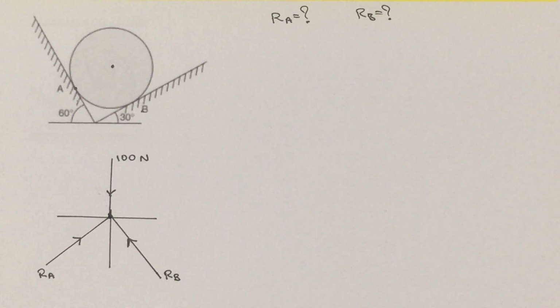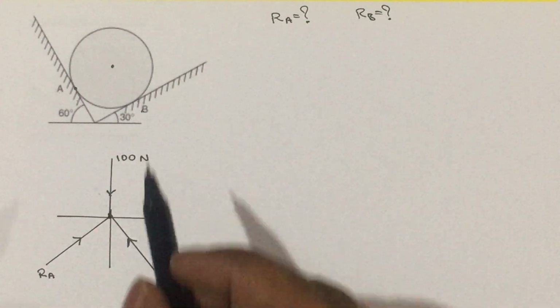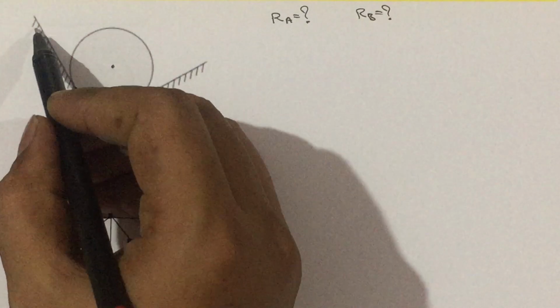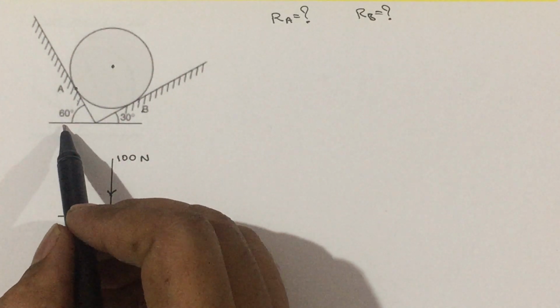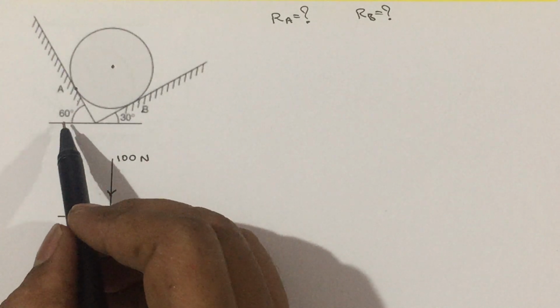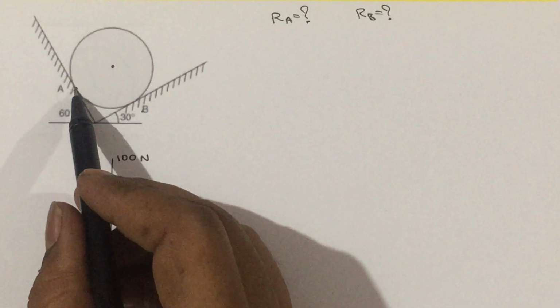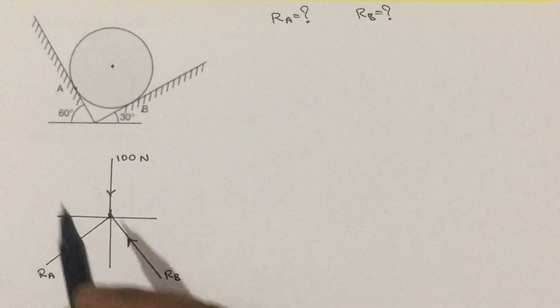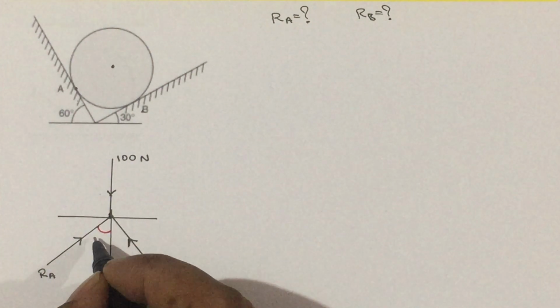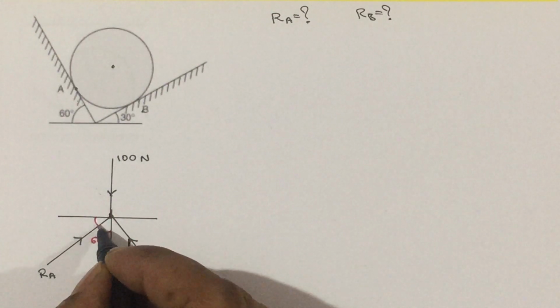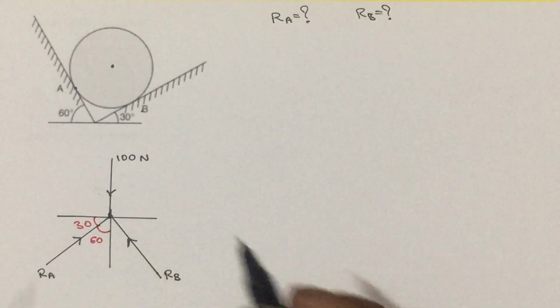Then the angle is given by this line. This inclined line is inclined at an angle of 60 with respect to horizontal. Then the perpendicular reaction line will make the same 60 but with respect to vertical. So with respect to horizontal it will be 30.